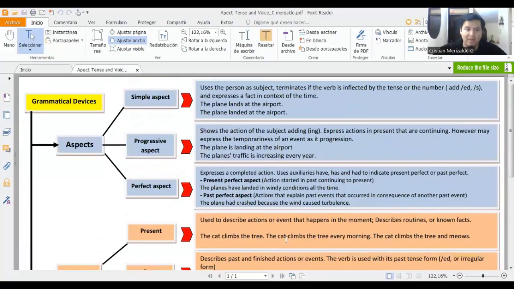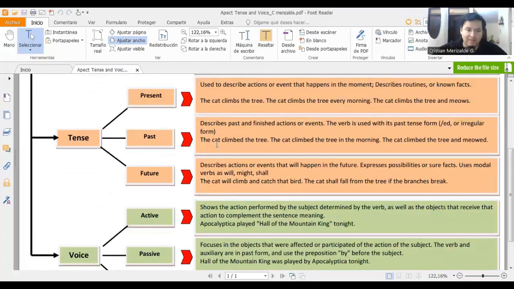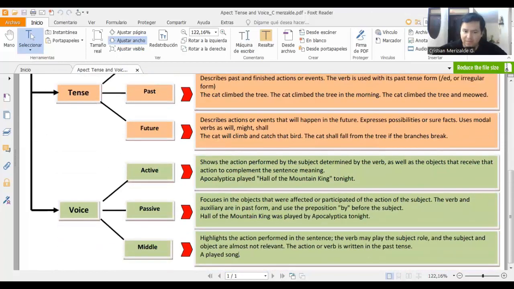So we have here these elements of grammatical device, that is the aspect, the tense, and the voice. To conclude, it's important to mention the difference between aspect, tense, and voice.